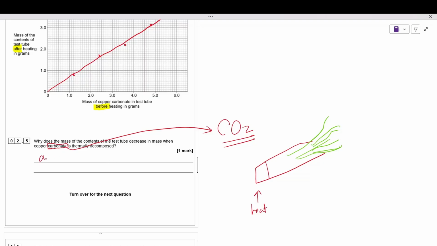So we can just mention the gas escapes the test tube. Or if you know the name of the gas, CO2 escapes, that's absolutely fine as well.